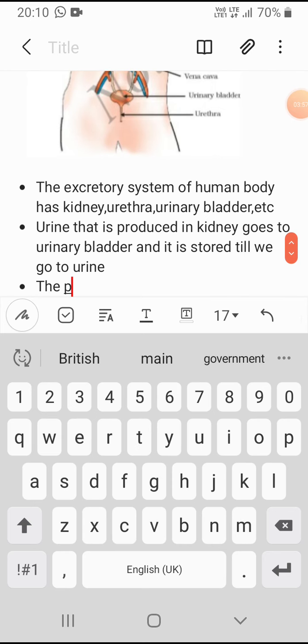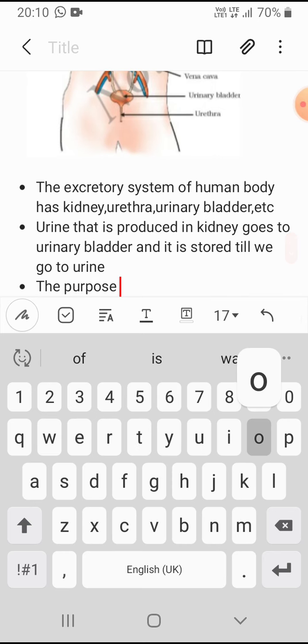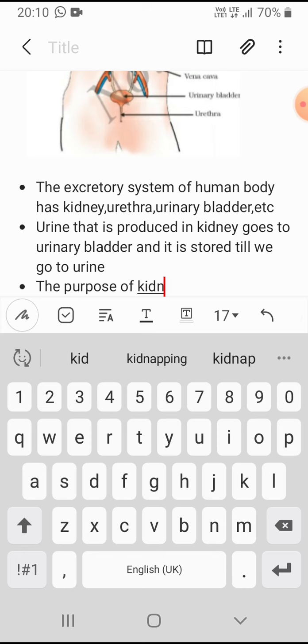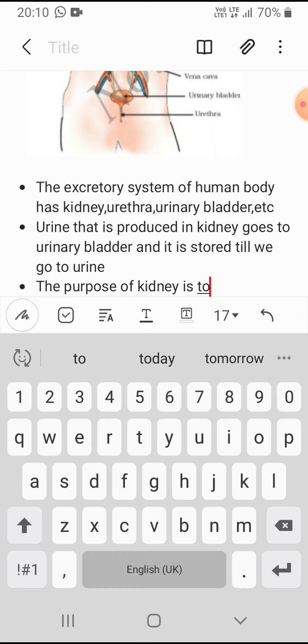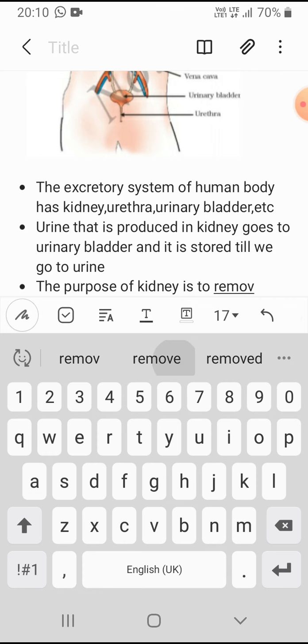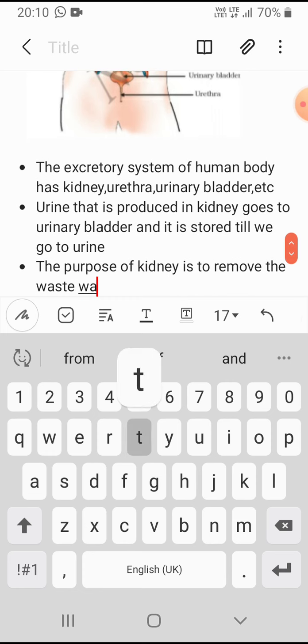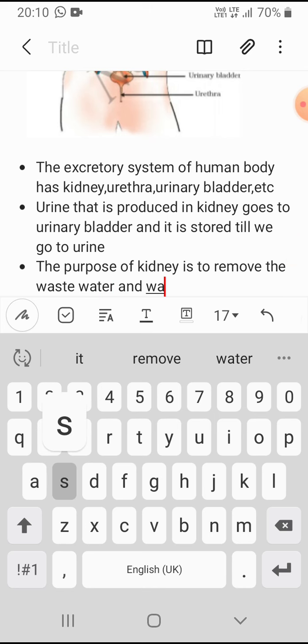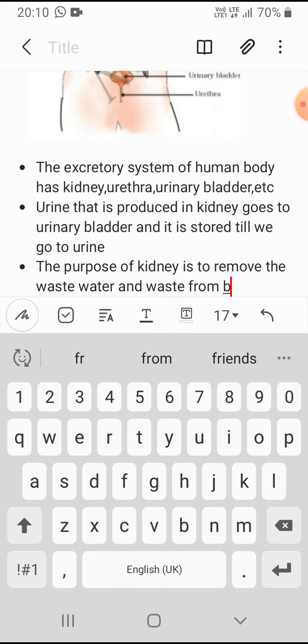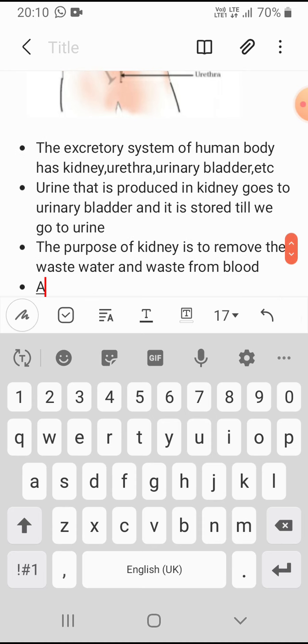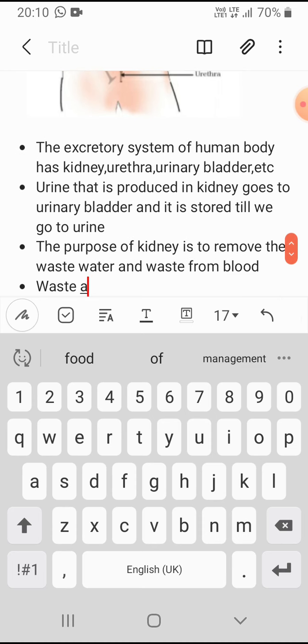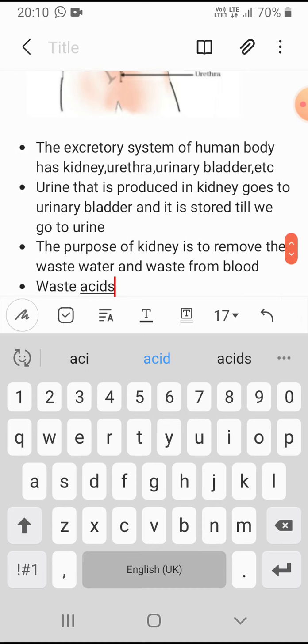And the purpose of the filtering kidney is to remove the waste from blood, waste water and waste acids.